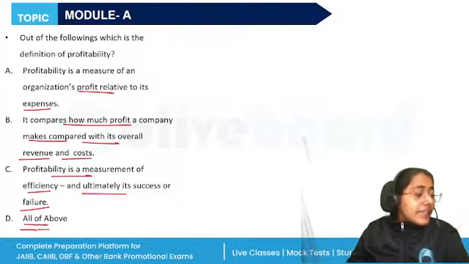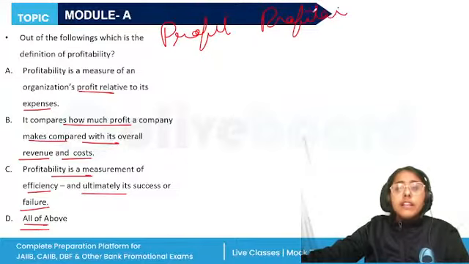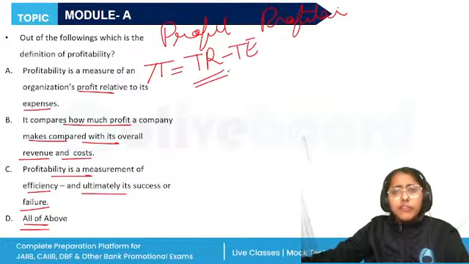So here you should be very clear about the difference between profit and profitability. Profit, in general terms, we refer it to as the money which is left after taking out the expenses. So the total revenue minus total expenditure will be our profit.